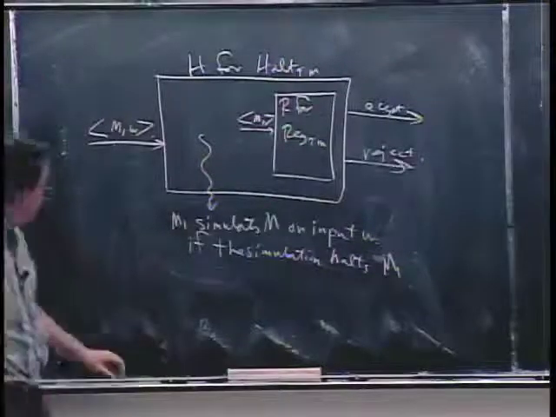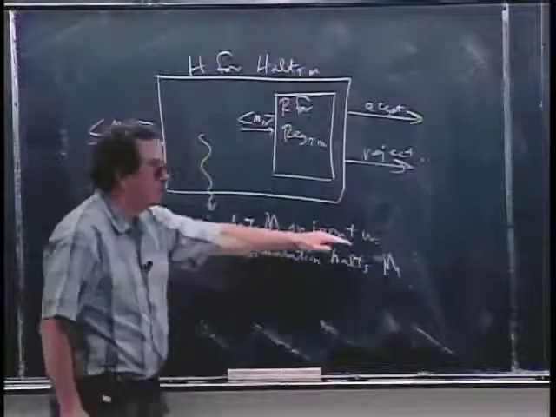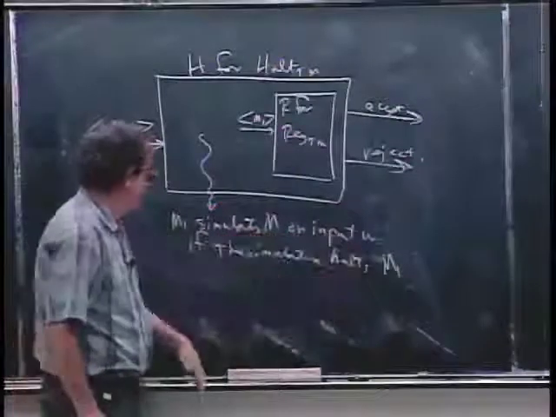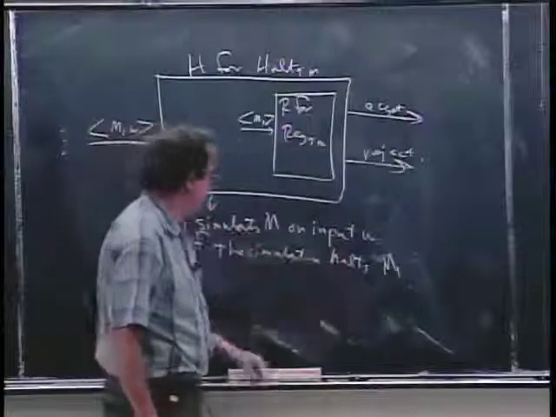Okay, we got to think. So M1 is going to simulate M on input W. Now what can happen is that M either halts or it doesn't.